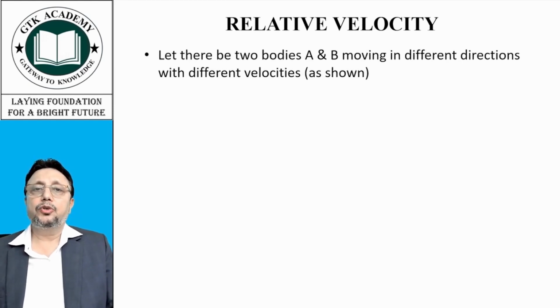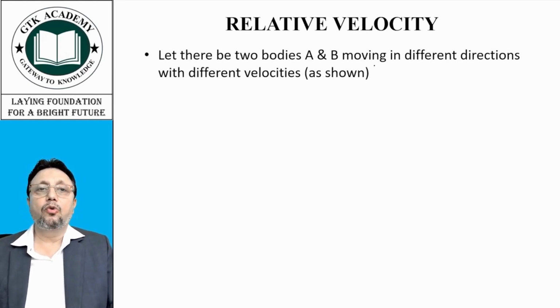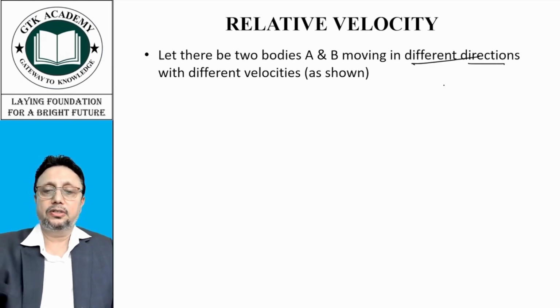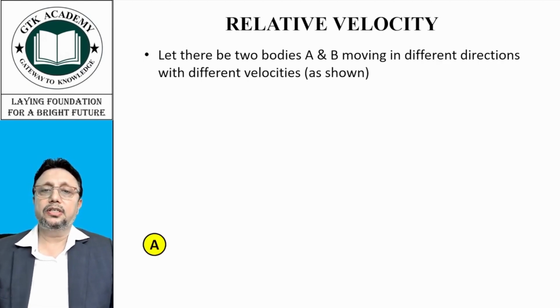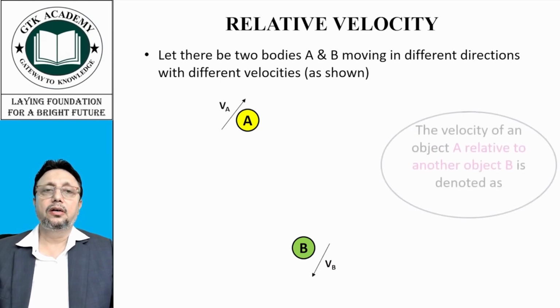For example, let there be two bodies A and B moving in different directions with different velocities as shown. This is A and this is B, and they are moving like this: VA velocity and VB velocity.